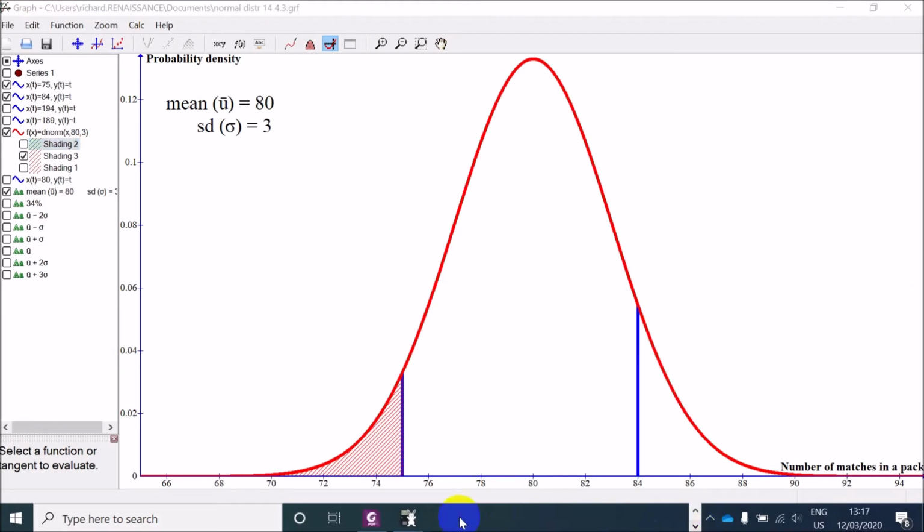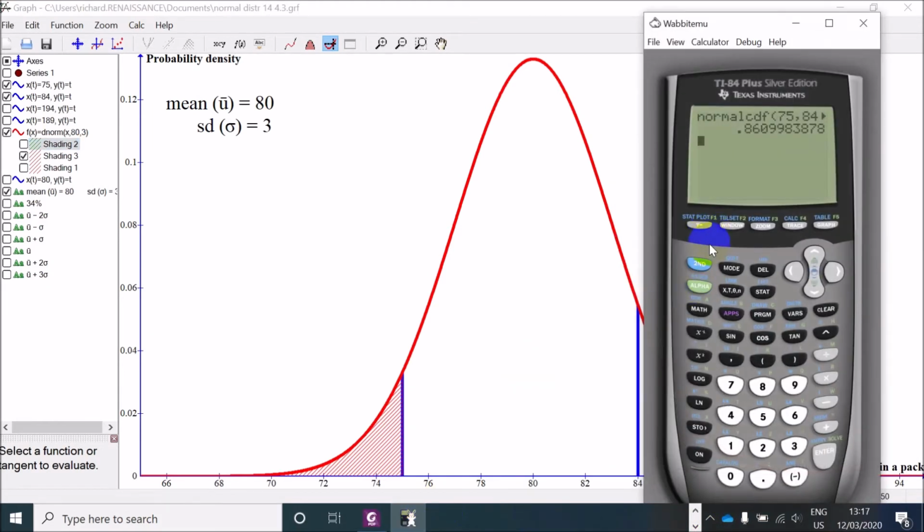Again, go back to the calculator. Second, distribution. Normal CDF, don't forget. Now, what is my lower boundary? My lower boundary is very, very small. This graph will continue forever.